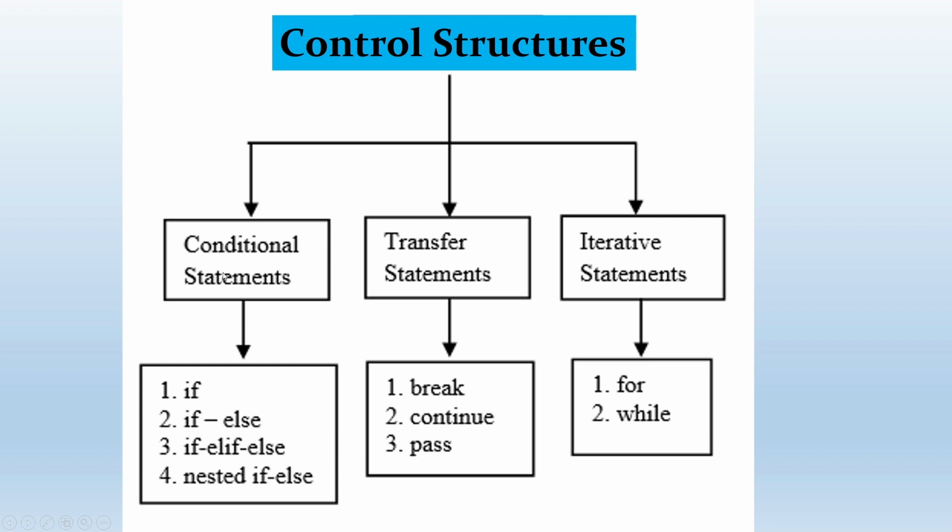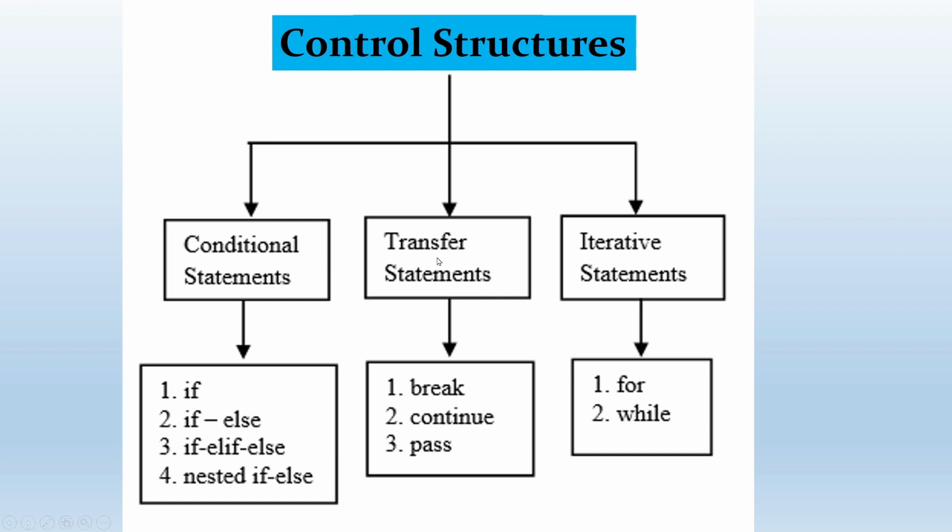After conditional, we will study iterative statements. Iterative, as the name suggests, means repetitive. So there are two types of iterative statements: for and while. For is used when the number of iterations, that is the repetitions, is fixed, and when the number of iterations is not fixed, we can use the while statement.